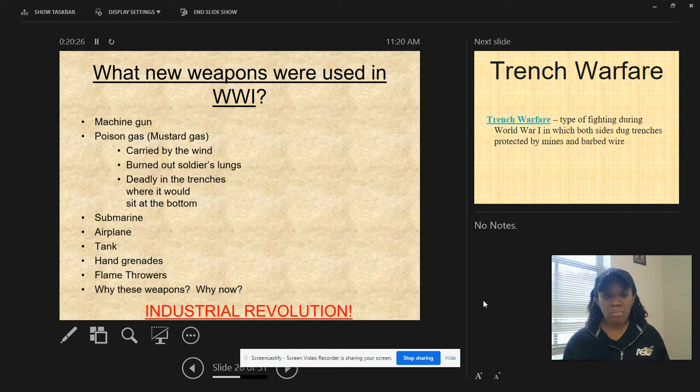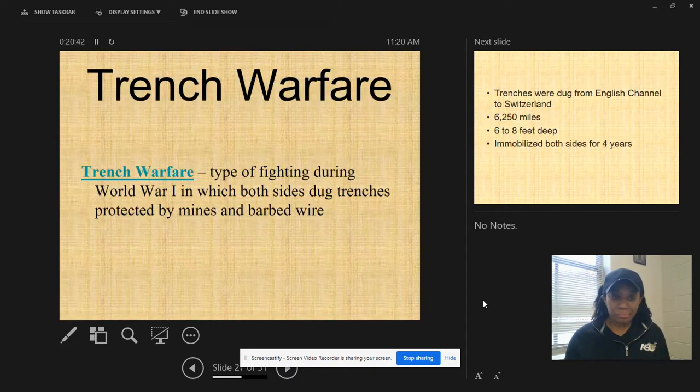And so you have all of these weapons basically just killing people mercilessly. And it's really hard. And so this is also the introduction of what you call trench warfare. Trench warfare is a type of fighting during World War One in which both sides dug trenches protected by mines and barbed wire.